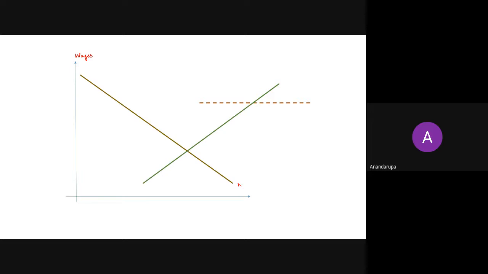So this is the ND curve, which is defined as the value of marginal product, price into marginal product of labor. So this is the number of workers, and over here you have the marginal product and wages.